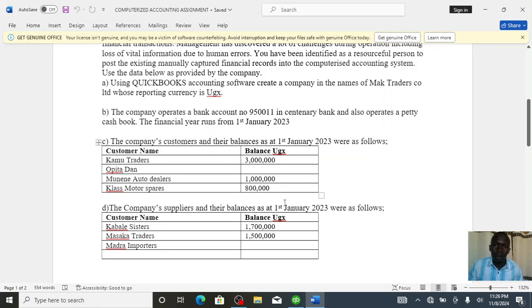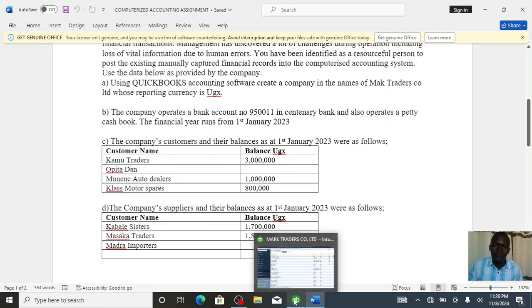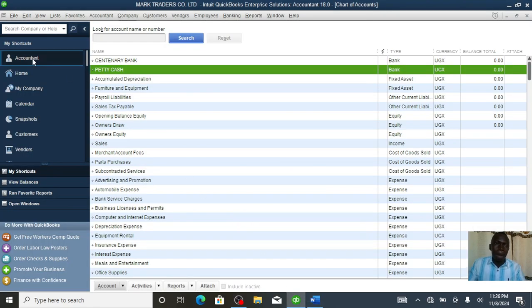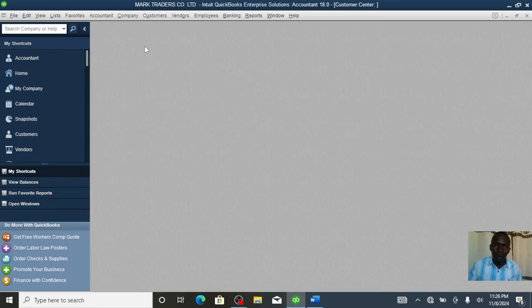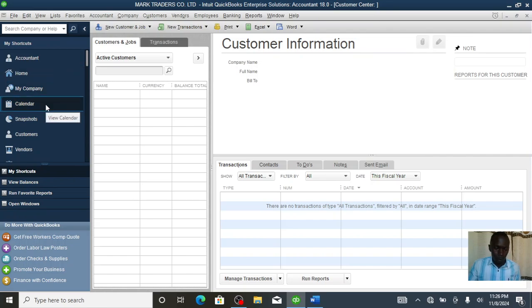We are entering opening balances for customers. Go back to QuickBooks, escape, then we look for customers. We create new customer job, new customer.